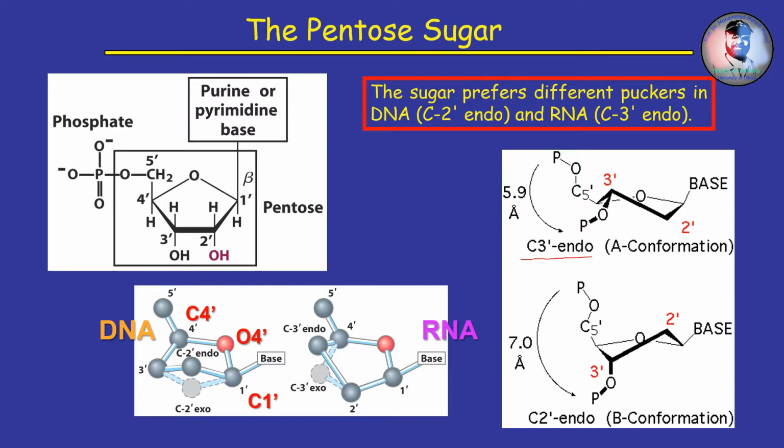In these two sugar conformations, the distance between neighboring phosphorus atoms and the orientation of phosphorus relative to the sugar or base are also dramatically different, which we can see in the figure.